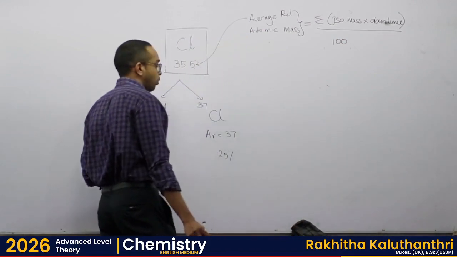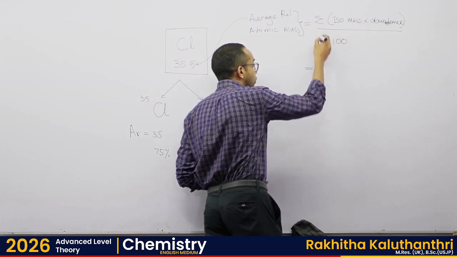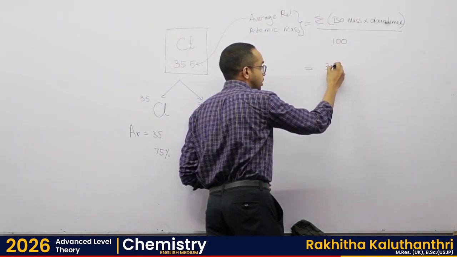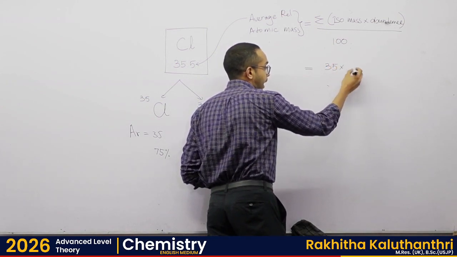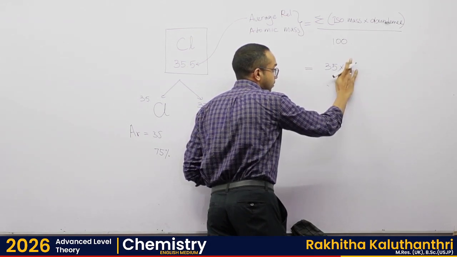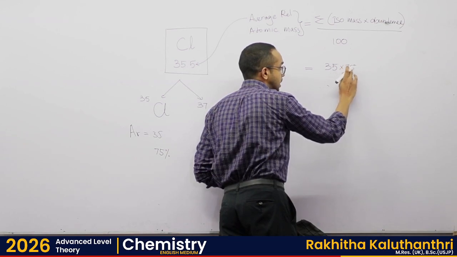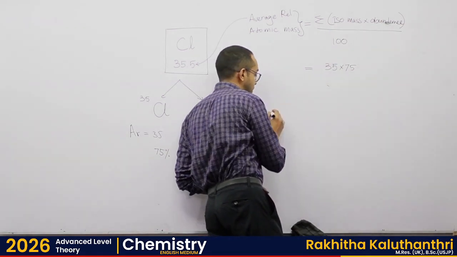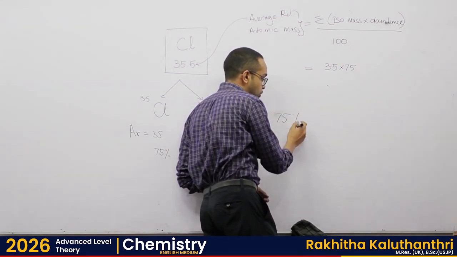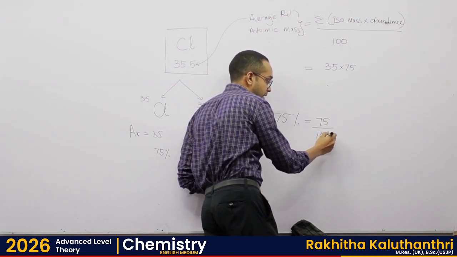Now for chlorine we can quickly do this calculation, very easy. For chlorine we have two isotopes. One has a relative isotopic mass of 35 and its abundance is 75%. 75% could be written as a fraction, 75 divided by 100.